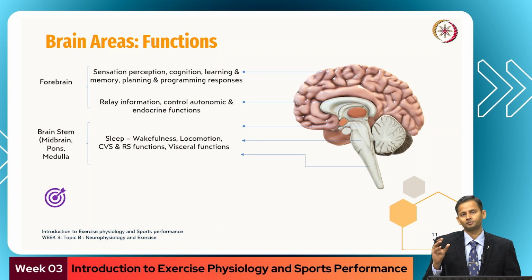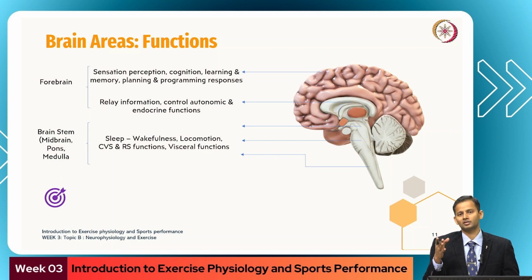Next comes the collective area called the brainstem, which includes the midbrain, pons and medulla. The midbrain is important because it controls sleep and wakefulness. The rhythm at which your biological clock is set is controlled by the brainstem.